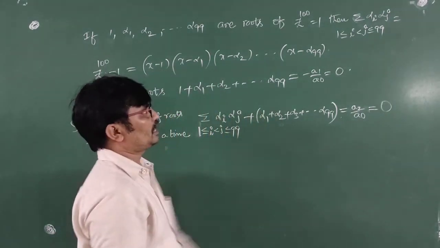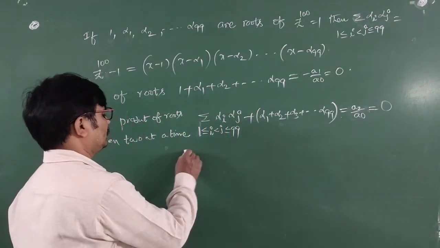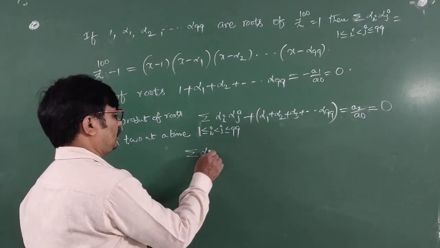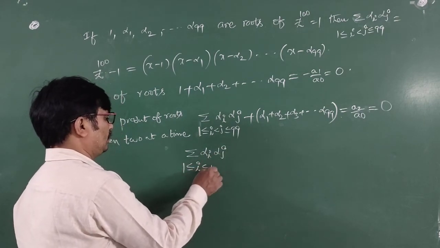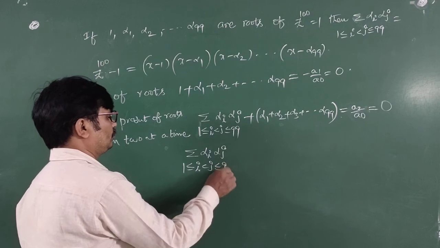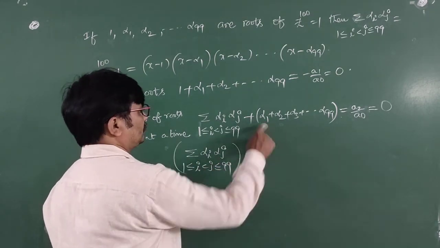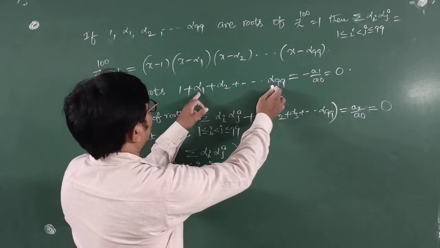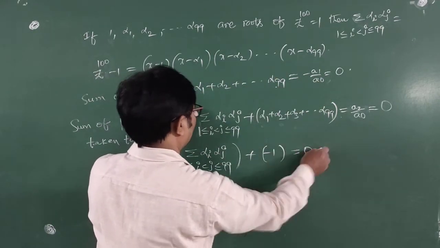Now, students, they are asking for sigma alpha i alpha j, 1 less than or equal to i less than j less than or equal to 99. We know this value: the plus 1 is sent to the other side, minus 1 equal to 0.